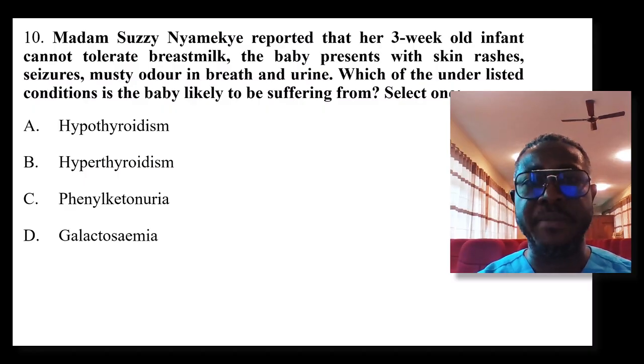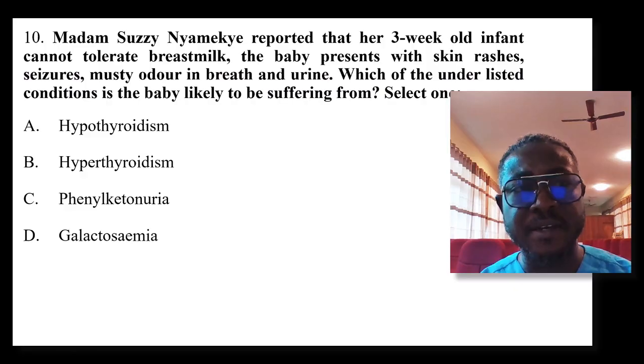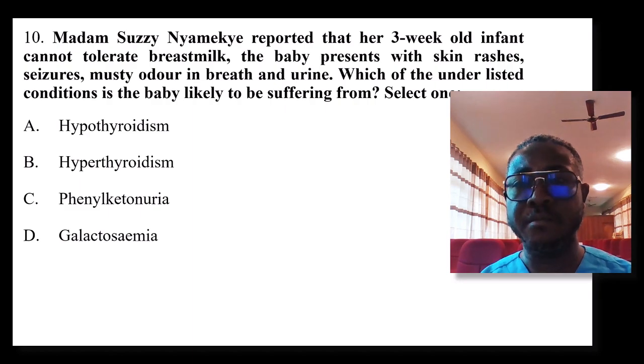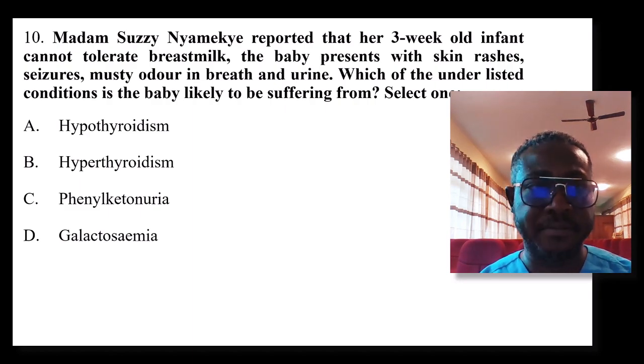Madam Susie Nyamiche reported that her 3-week-old infant cannot tolerate breast milk. The baby presents with skin rashes, seizures, musty odor in breath and urine. Which of the underlisted conditions is the baby likely to be suffering from? Select one.